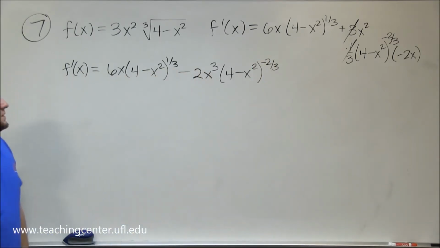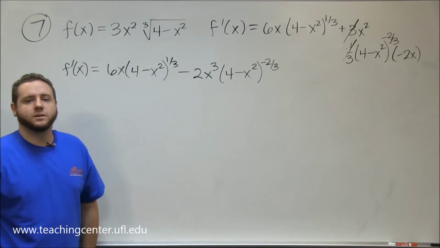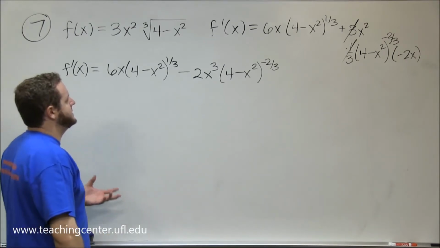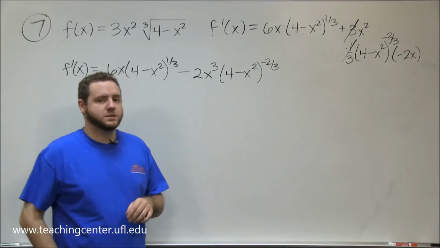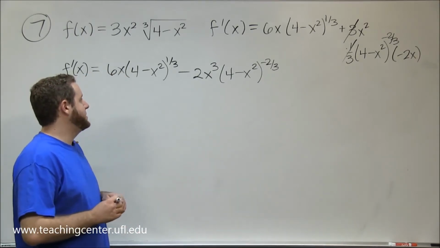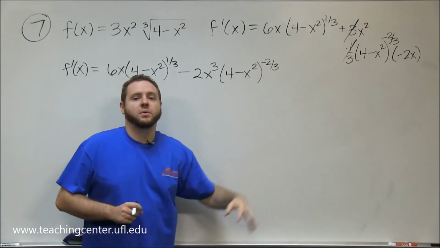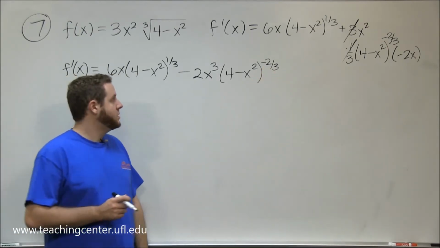Our goal here is to figure out where the horizontal and vertical tangents are. But in order to figure that out, we need to simplify this into a fraction if possible. And this one is going to simplify that way because we have a negative power here, which tells us that we're going to have a denominator.